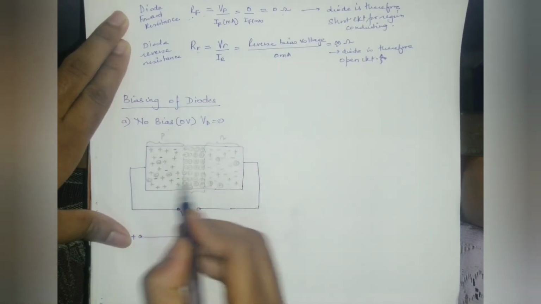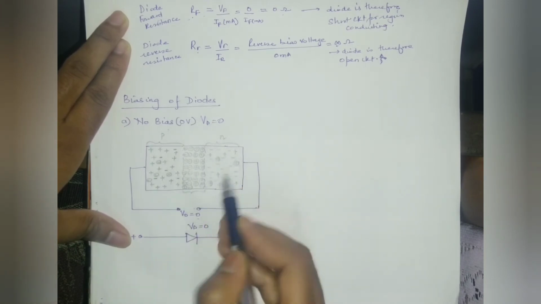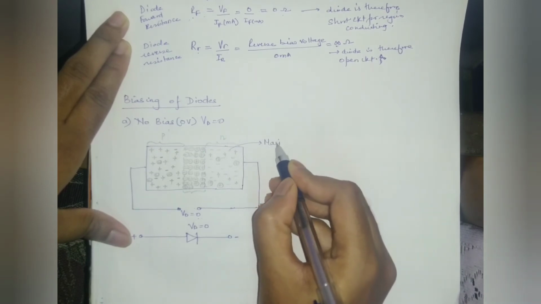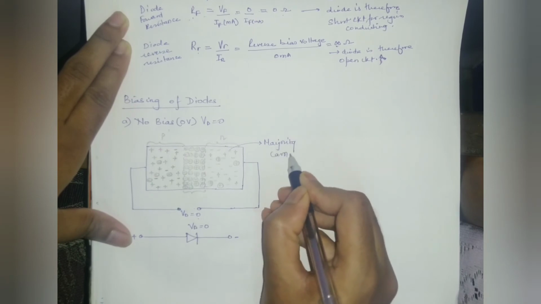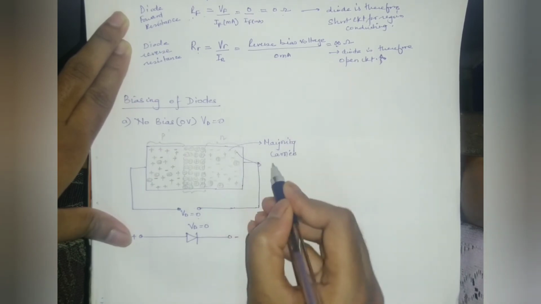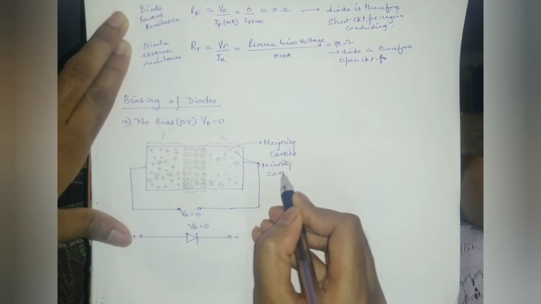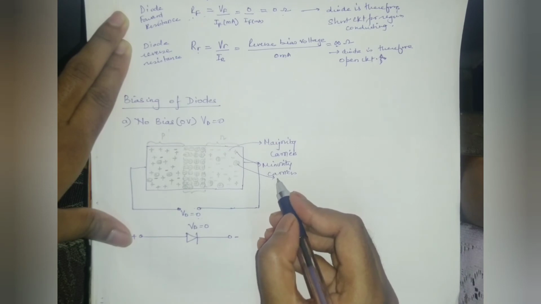Now here, this is the PN junction diode, this is the P-type and this is the N-type material. In the N-type material, we have the majority carriers as the electrons, and the minority carriers as the holes. And these are the donor atoms.